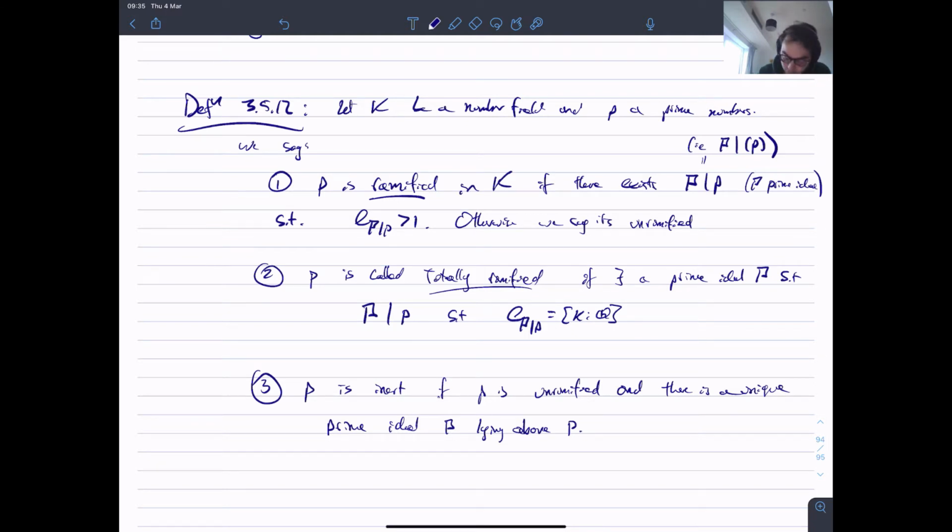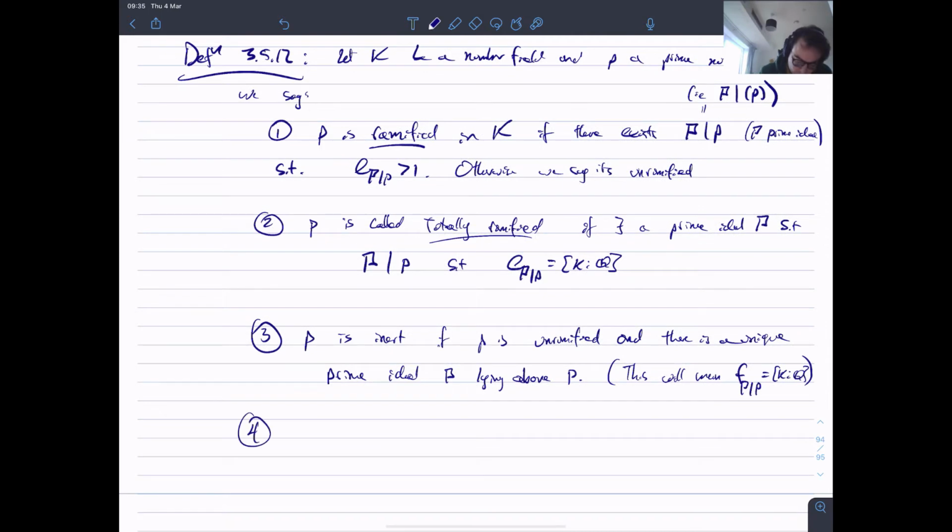We've defined this before, and note that in this case the residue degree is as big as possible. So this is going to tell you that this is going to be the degree of your number field.